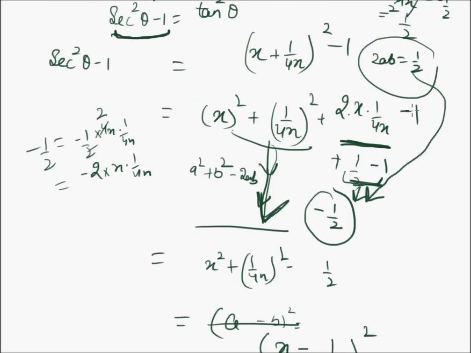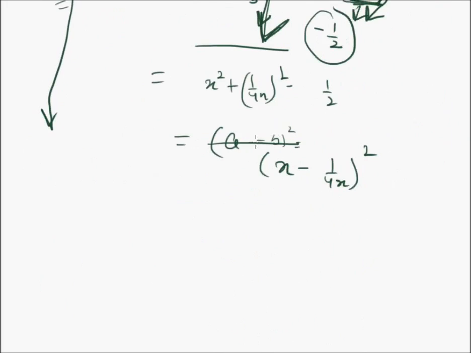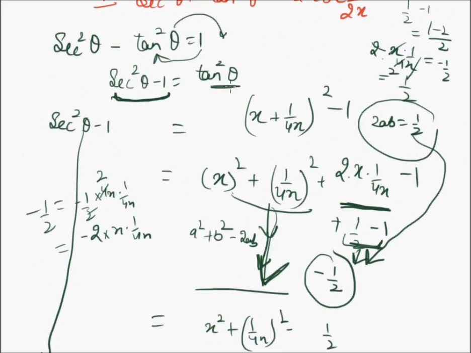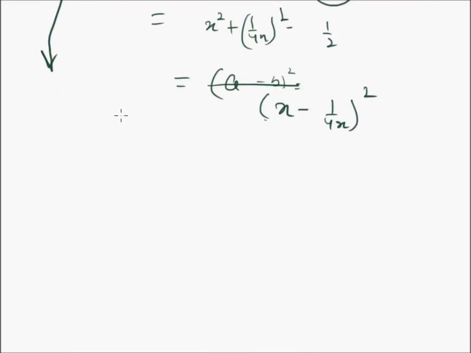So we have secant square theta minus 1 as (x minus 1 by 4x) whole square, and secant square theta minus 1 is tangent square theta. So we have tangent square theta as this.